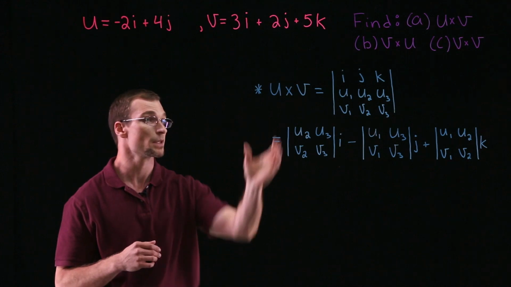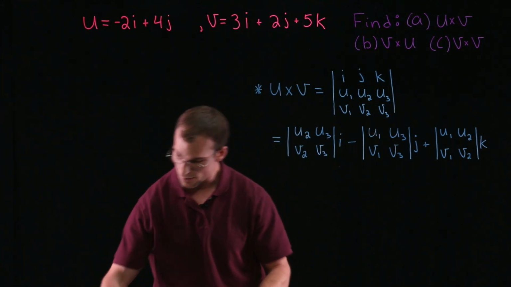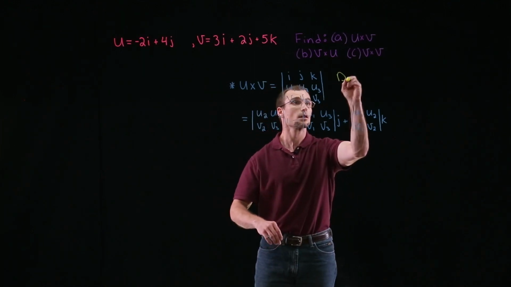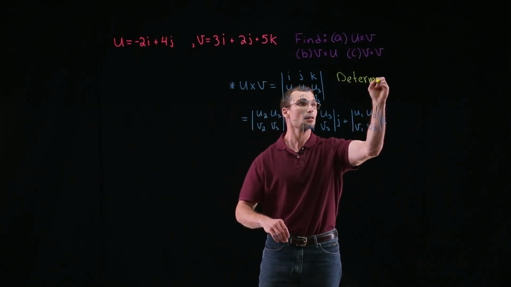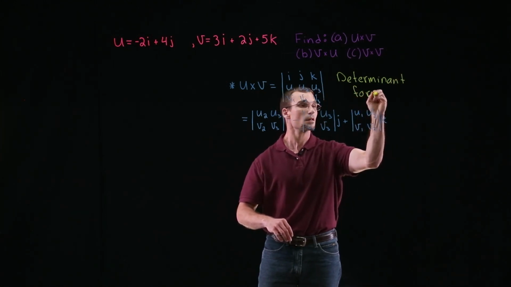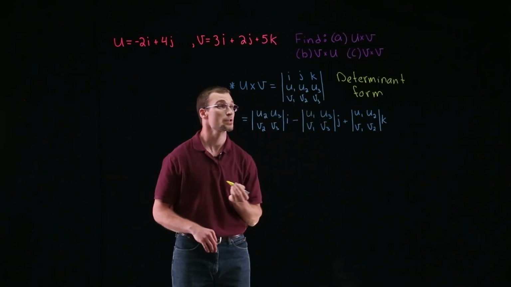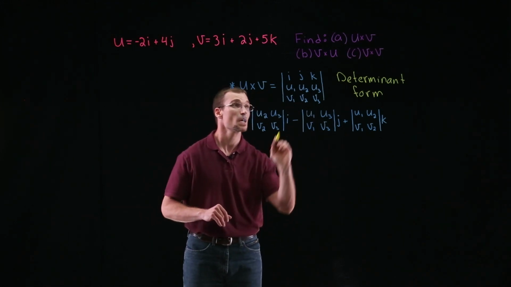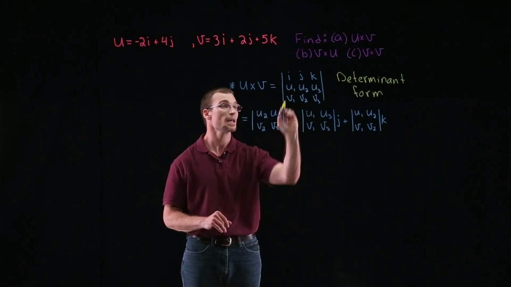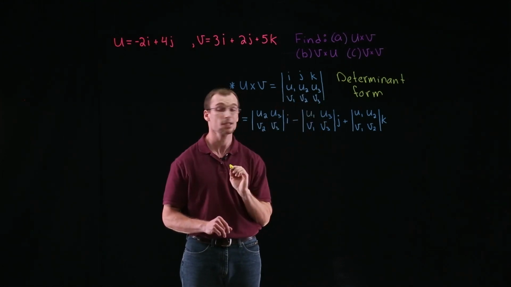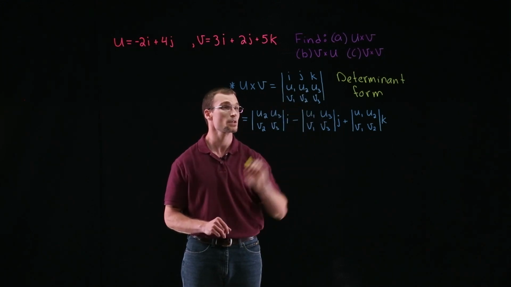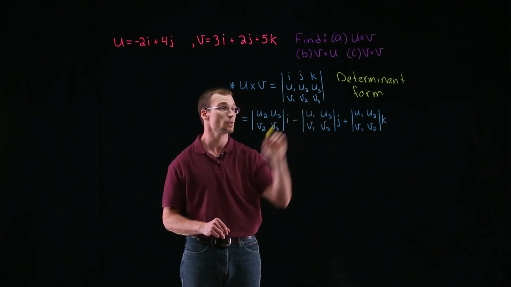So for a cross product, say u cross v, we're using the determinant form of our formula. Again, not a true determinant, but we set up a 3 by 3 matrix where our top row is i, j, and k, the second row is the components of u, u1, u2, u3, and the third row is the components of v, v1, v2, v3.